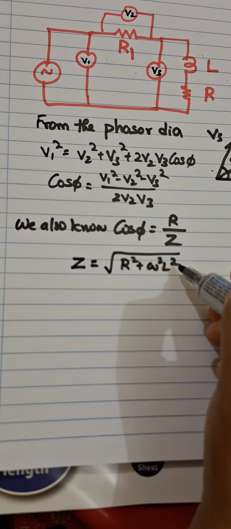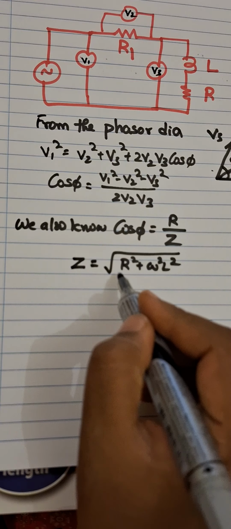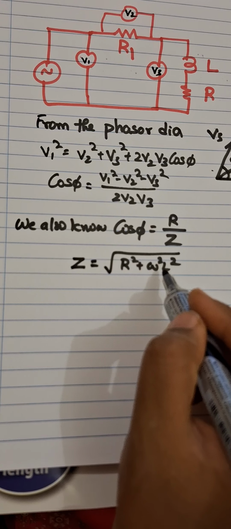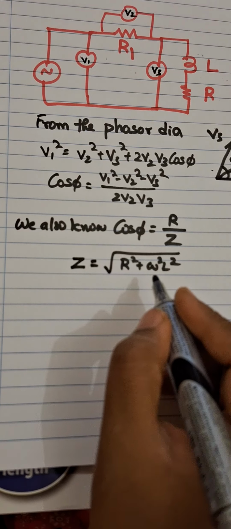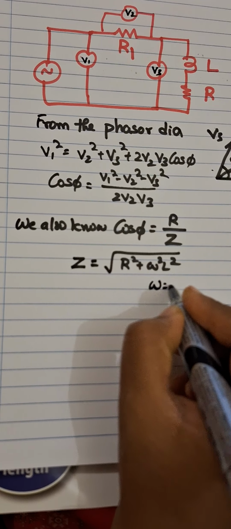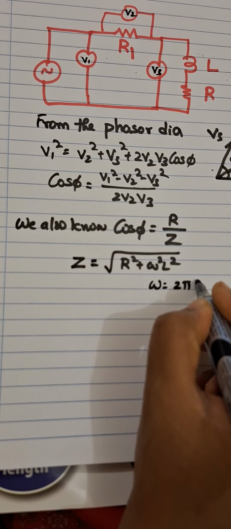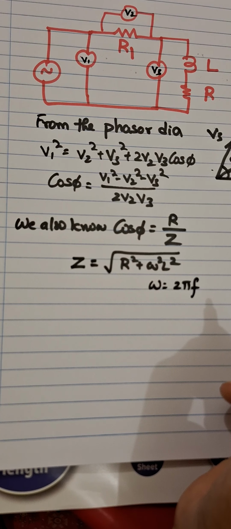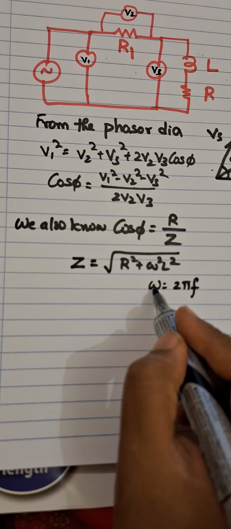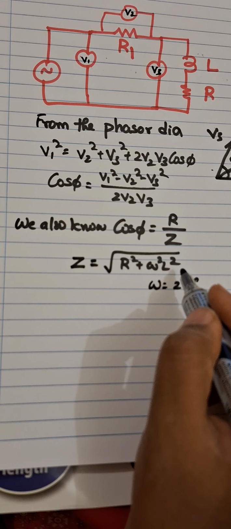But L means omega L always, right? So Z is equal to square root of R square plus omega square L square. But usually omega is 2 pi f, the angular frequency. So omega is the angular frequency, R is the resistance, L is the inductance.